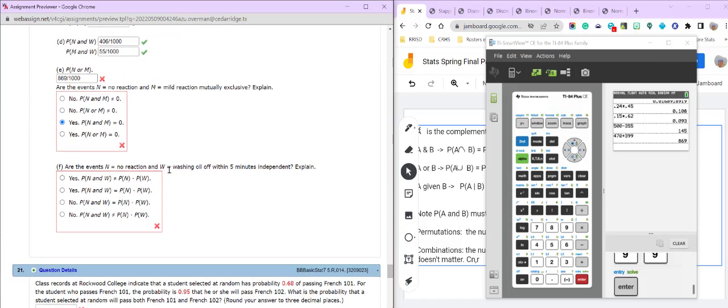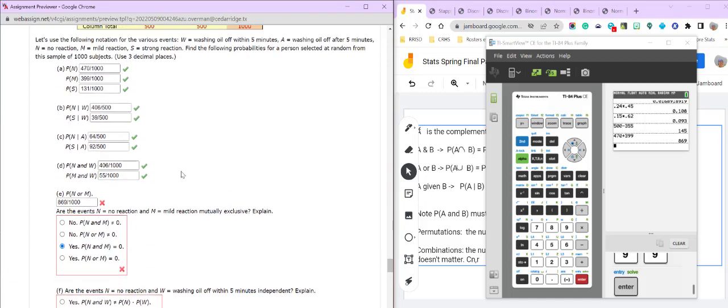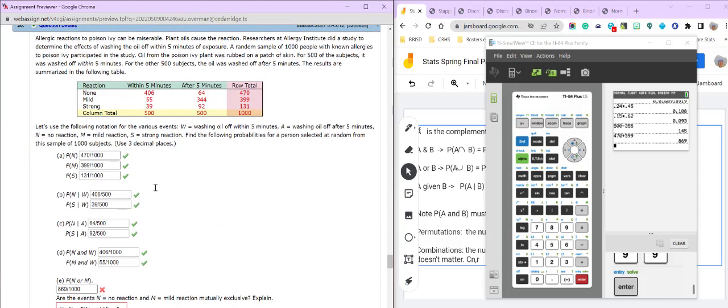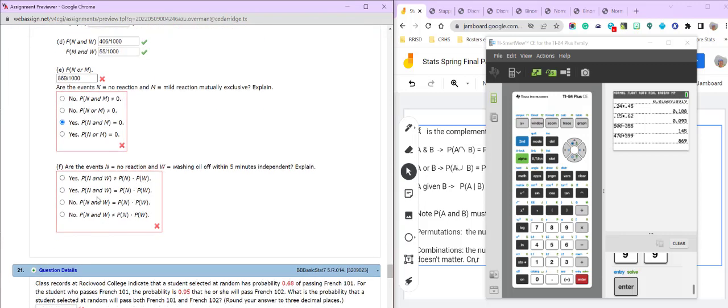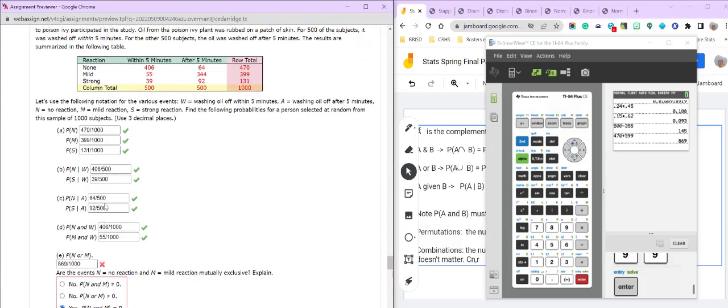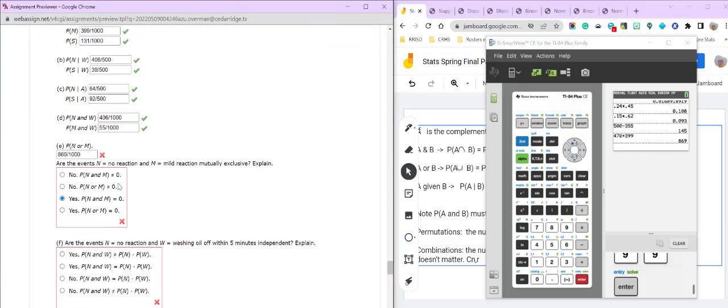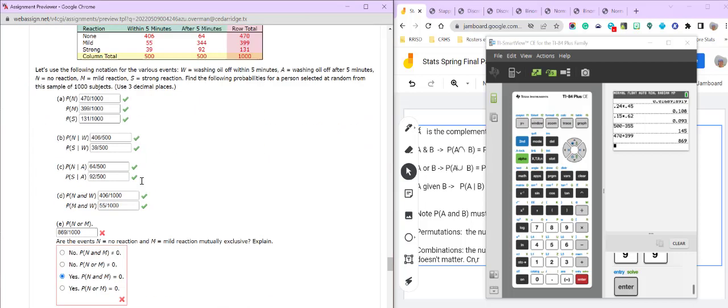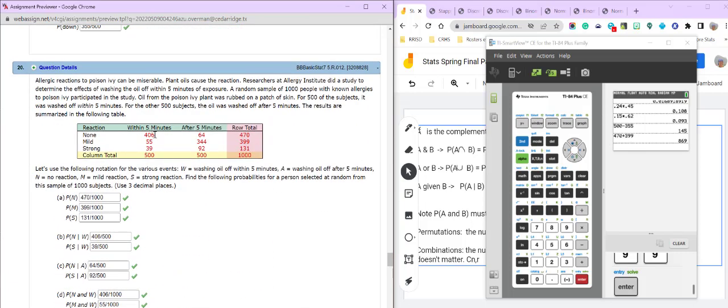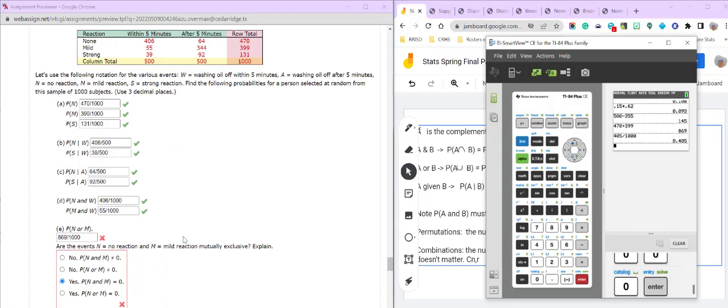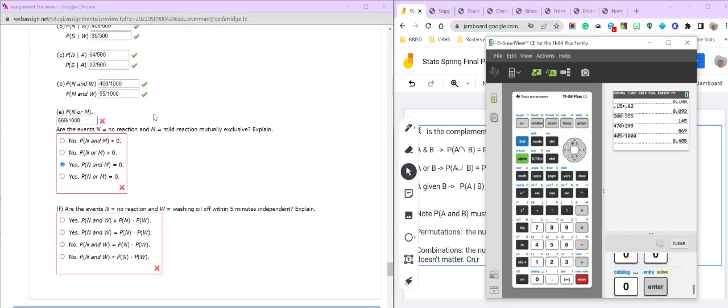Are the events no reaction and W, washing off within 5 minutes, independent? Should not be, because basically the probability of no reaction is 0.47, right? The probability of within is 50-50, right? And then if I said, what was it, no reaction, if I go 405 divided by 1,000, that is the probability of no reaction and with washing the oil off.